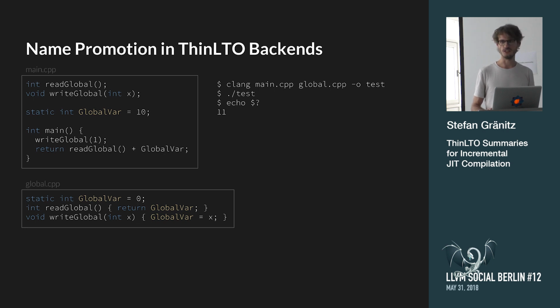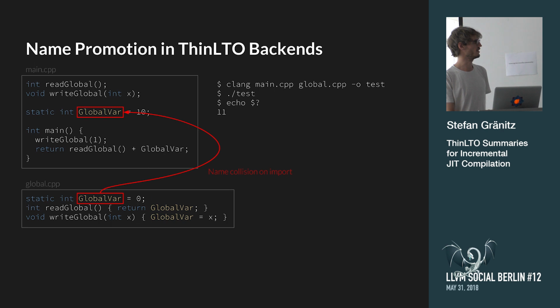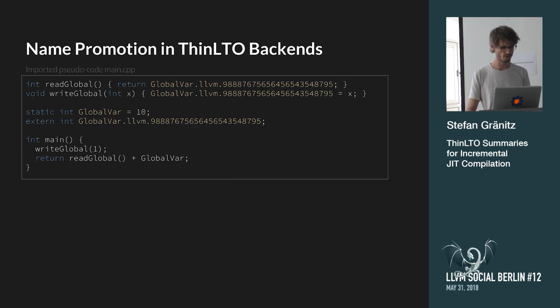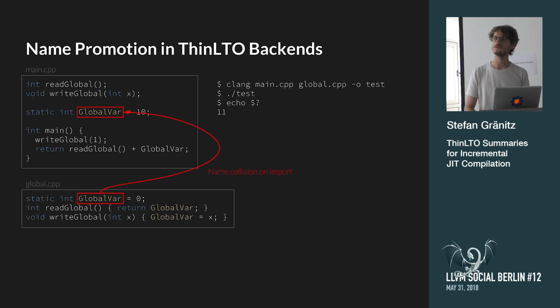What will happen if we wouldn't promote external variable declarations that we import is that these two names would collide, and we wouldn't know which one to resolve if we want to access one. So why does the linker not complain? It's a static definition which is only valid in the translation unit. But why does it prefer the one which is 11?